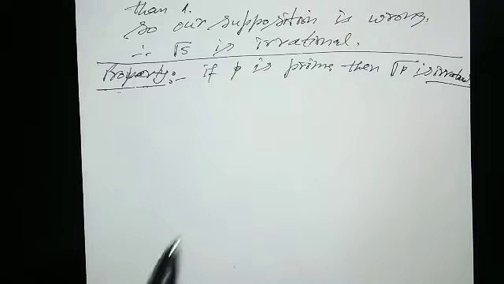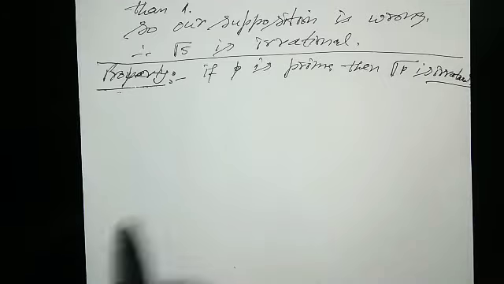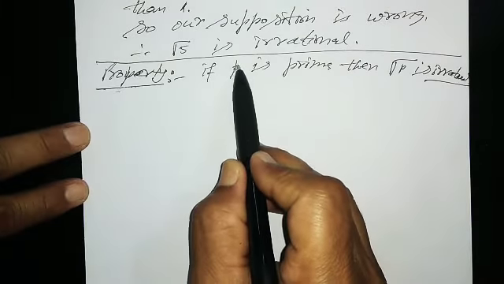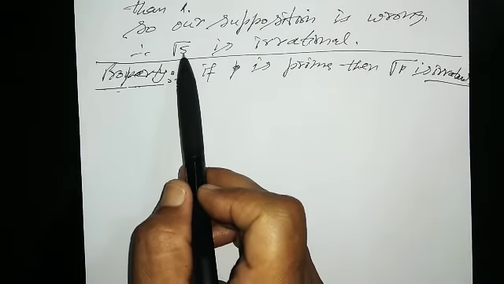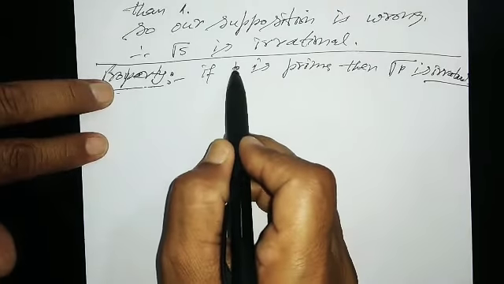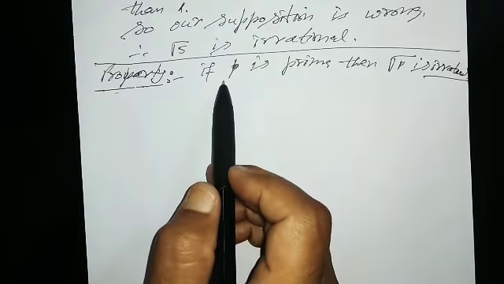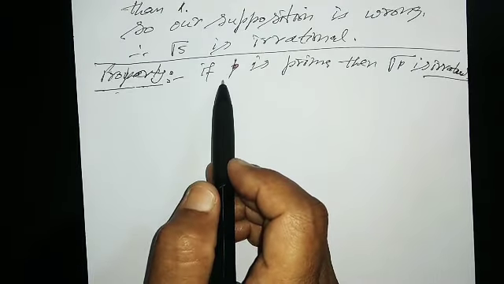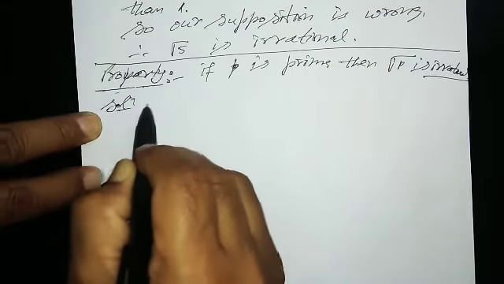Now p is prime. P may be anything, means p may be 2, 3, 5, 7, any number you can take. As we have in our above questions specified the number 5, now p is a general prime number. You can put any value of p, and you will get your solution process.